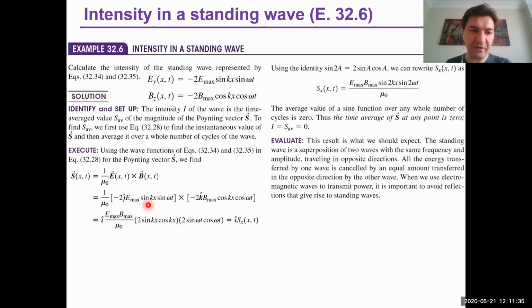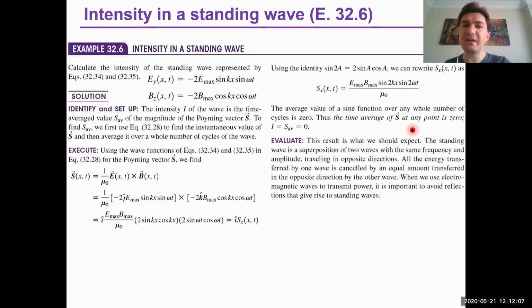And we have that expression here. This is the Poynting vector along the x direction, because E is along the y direction and B is along the z direction. Due to the vector product, S will be along the x direction. So this is the Poynting vector, and you can also write it like this, okay?